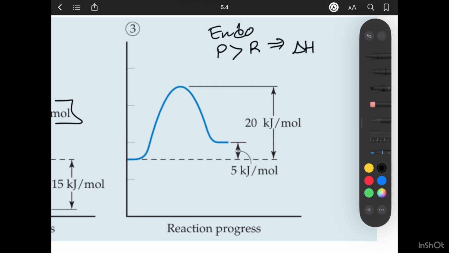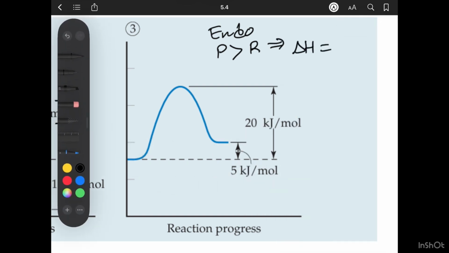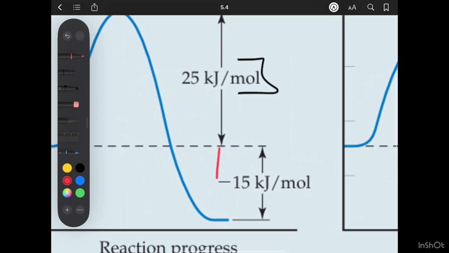That's why if we take delta H, which represents the energy of the products minus reactants, the sign of delta H is going to be positive, and it's reflected in the value here. This is the delta H, which I'll draw in red. In most cases, we represent delta H for endothermic reactions with an upward arrow. For exothermic reactions, it's represented by a downward arrow.